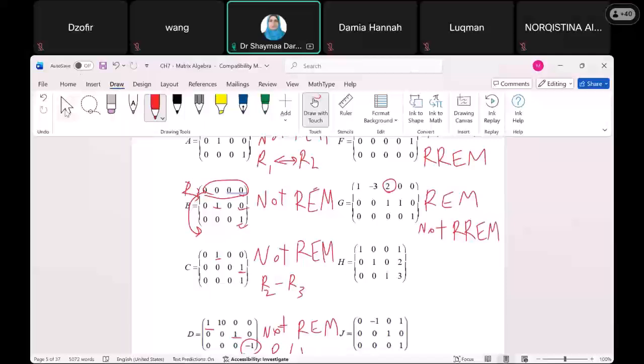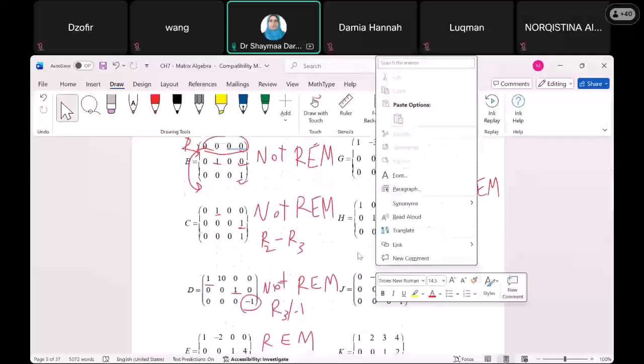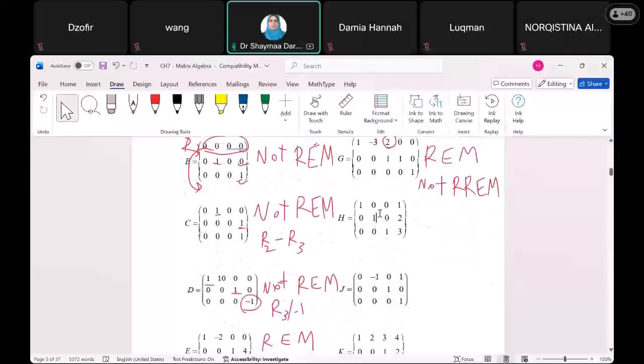Okay, matrix H. 1, 0, 1, 1, 0, 0, 1, 0, 1, 0, 2, 0, 0, 1, 3. This is row echelon matrix or not? I think row echelon matrix.